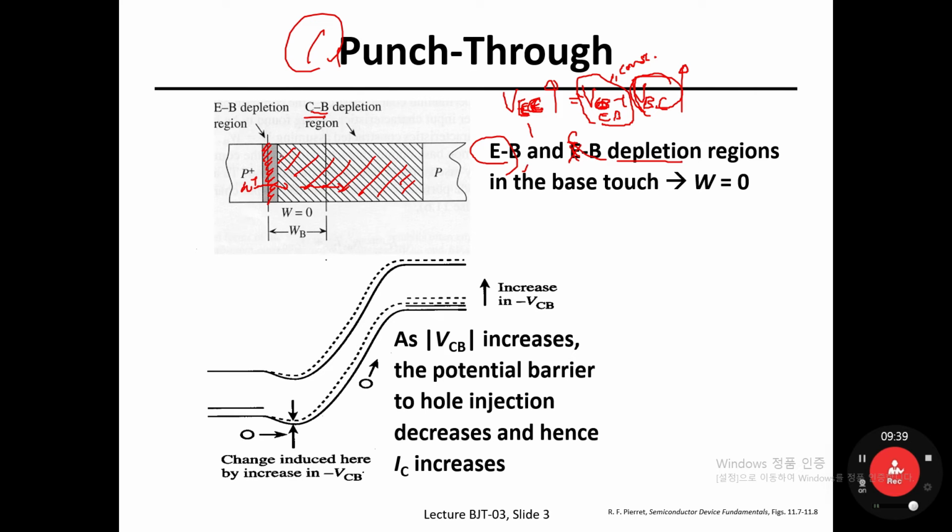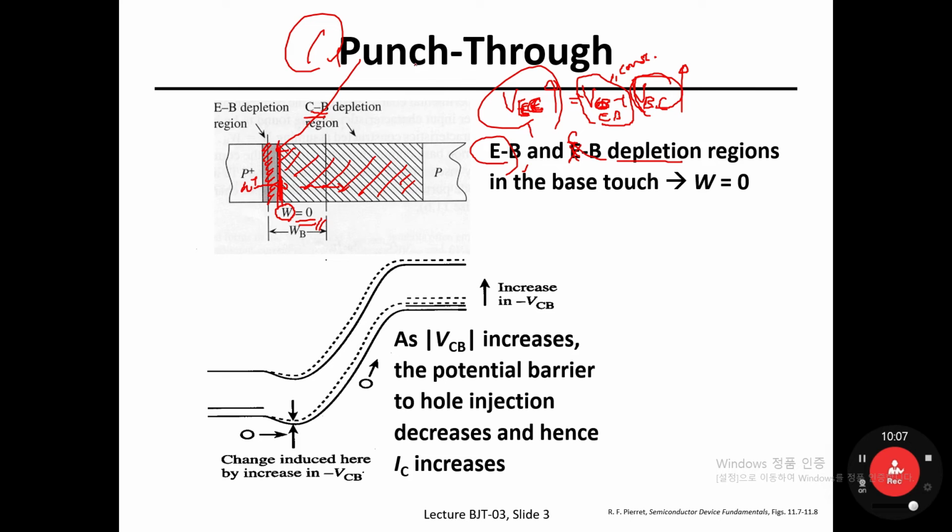Where? Yeah, in the base region. So take a look at here: the physical width of the quasi-neutral base region, denoted as W, would become 0. When? Yeah, if your output voltage becomes super high. Then we can call it punch-through has happened in the base region.